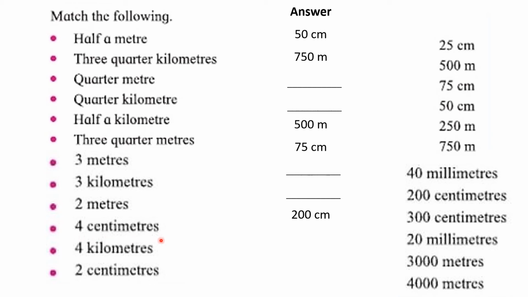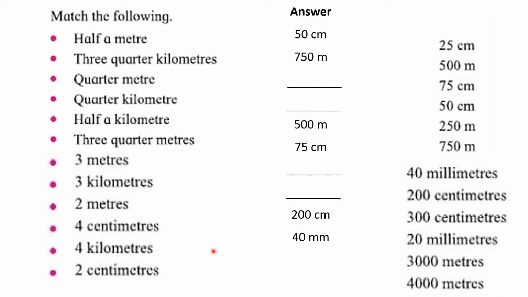4 centimeters is equal to 40 millimeters. Same way, 4 kilometers. 1 kilometer is equal to 1000 meters.